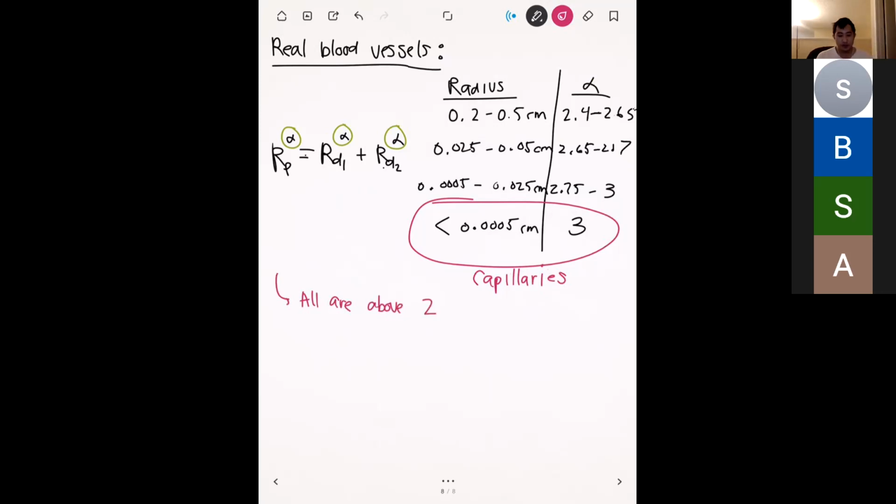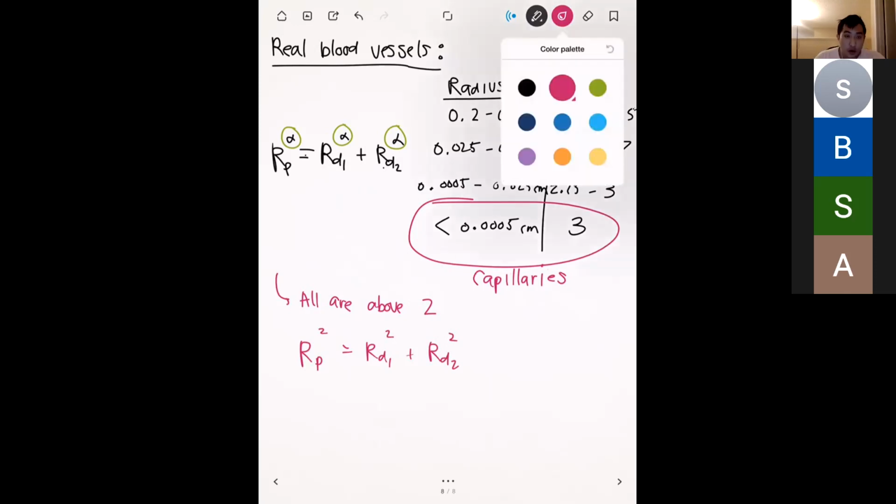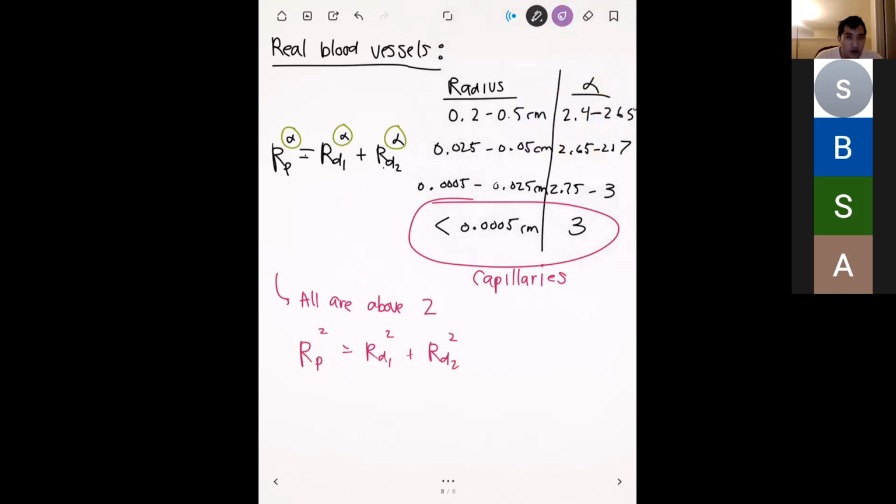And this is significant because, let's do the case where we have an exponent of 2. Then we have the following relationship. RP squared is equal to RD1 squared plus RD2 squared. Let me put in one extra factor here to make this a bit more clear.